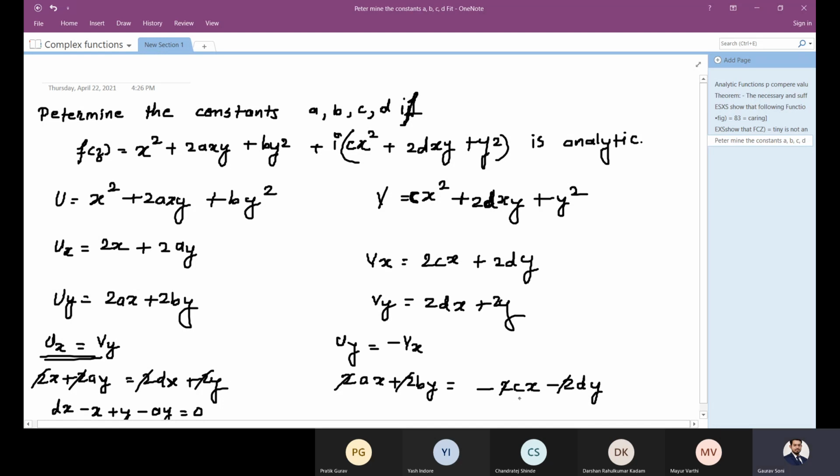So ax minus cx, a plus c times x, then b plus d times y equal to 0.